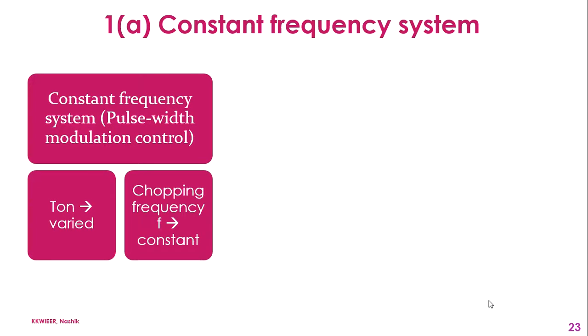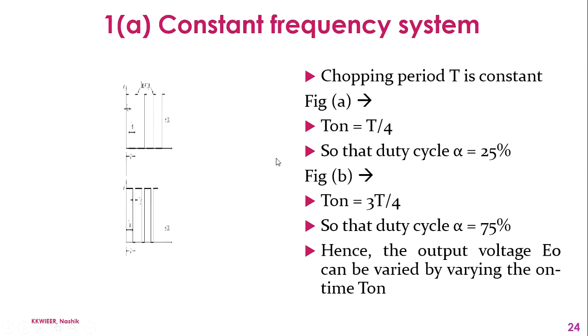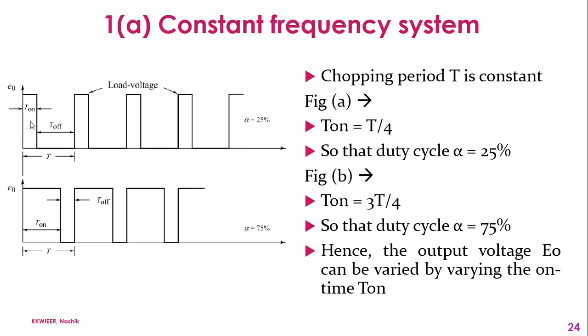So the first one, constant frequency system, here the T on is varied, so it is known as pulse width modulation control. So the chopping period T is kept constant. Here you can see this chopping period T is kept constant everywhere in this first diagram as well as second diagram. The T is having the same length, but the duration of pulses, that is a T on, is different.